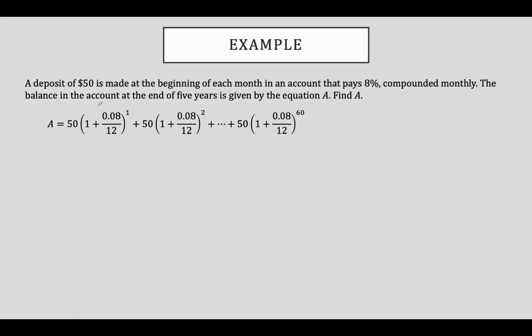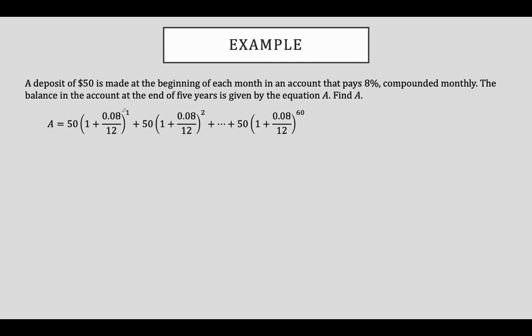The balance in the account at the end of 5 years is given by the equation A. Find A. So we have 50 times the quantity 1 plus 0.08 over 12 raised to the 1 plus 50 times 1 plus 0.08 over 12 raised to the 2 plus and so on, plus 50 times 1 plus 0.08 over 12 raised to the 60th power.